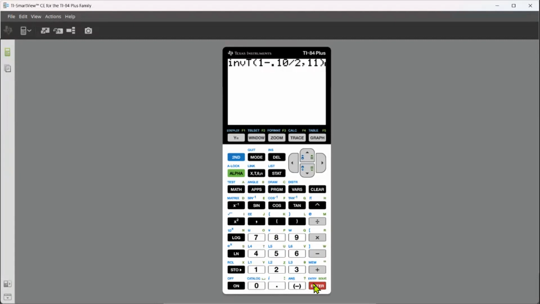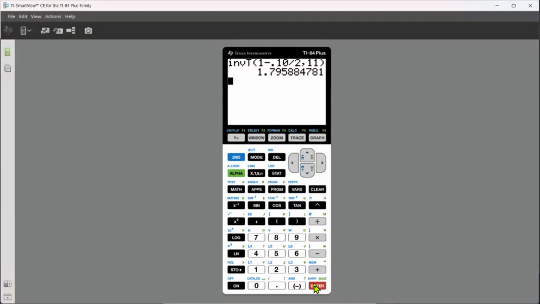Inverse T should give you 1.79588. So 1.796 or 1.7959 if you take it to 4.